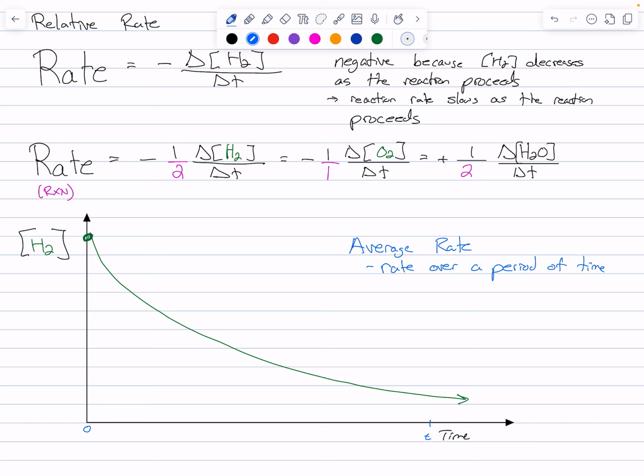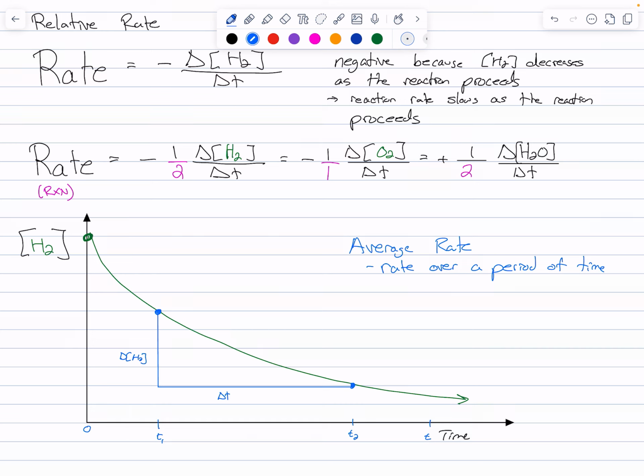So if we took an average rate, these two here, this would be the change in concentration of H2 over the change in time. That would be your average rate for this time, T1 and T2.